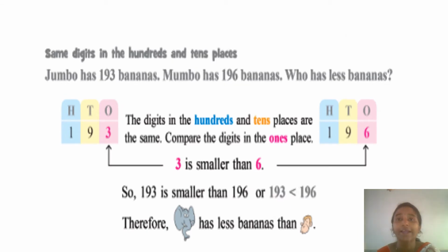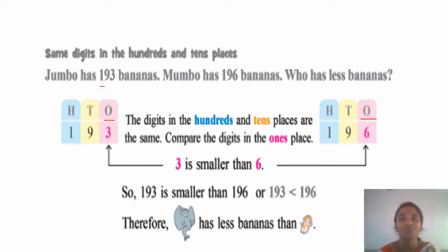Now if hundreds digits are equal, we compare the tens digit. What happens if hundreds and tens digits are equal? Yes, then we have to compare our ones digit. If you are having the same digits in hundreds and tens places, you have to move forward and compare your ones digits. See the question.